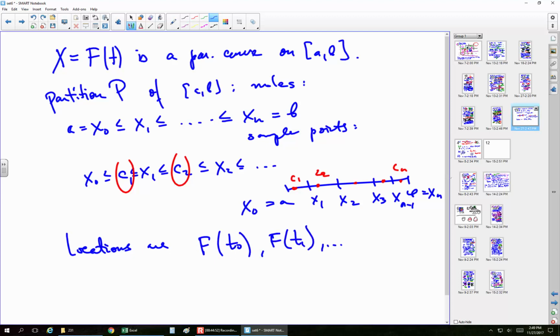They are in the plane or in space. Okay, so all of these locations, I'm sorry, these are c's. Sorry about that. These are c's, sample points: c1, c2, cn.